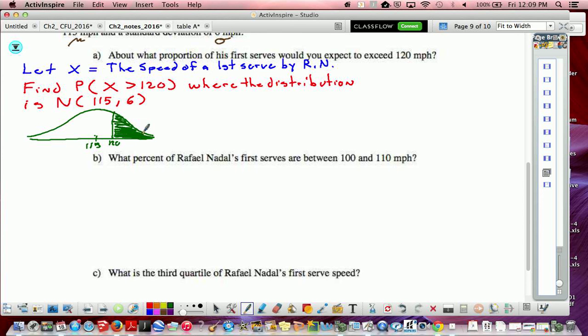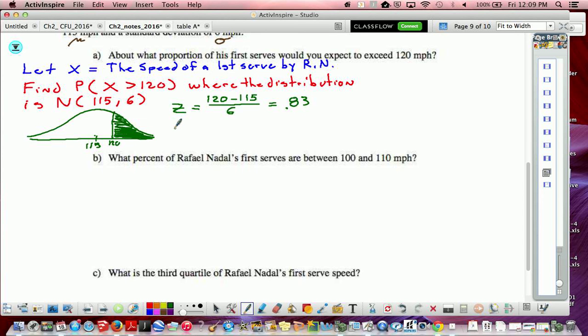So now, I'm going to calculate out a z-score. My score 120 minus the mean of 115 divided by 6. If you trust my math, it's 0.83 repeating with the 3 repeating. So I'm just going to round it to 2 decimal places.